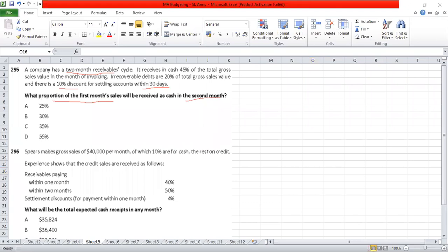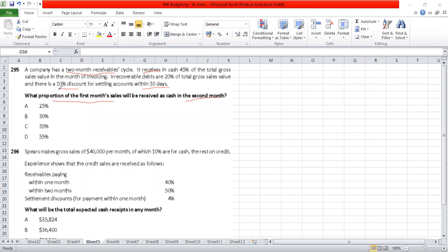So 45 will be received in the same month. So how would they receive? They will receive availing this 10%, because technically the customer is allowed to pay at the end of 2 months.